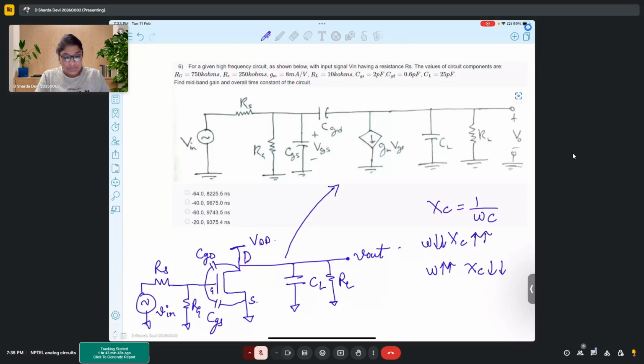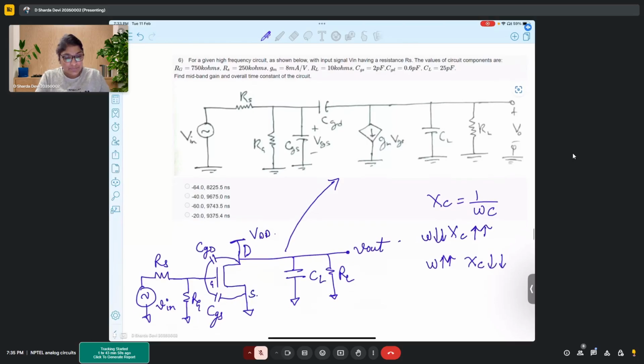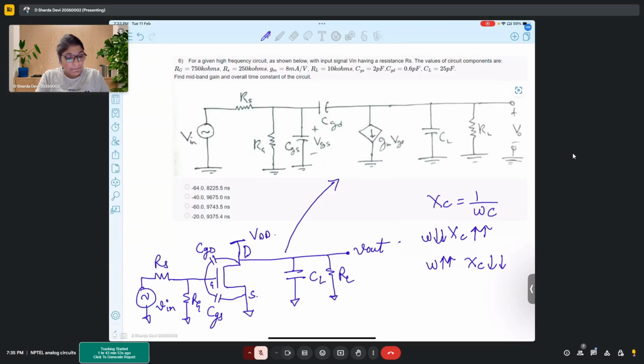All right. So for a given high frequency circuit, as shown below, with input signal V having a resistance Rs, the values of circuit components are given: Rg is 750K, Rs is 250K, GM is 8 milliampere per volt, RL is 10K, CGS is 2 picofarad, CGD is 0.6 picofarad, and CL is 25 picofarad.